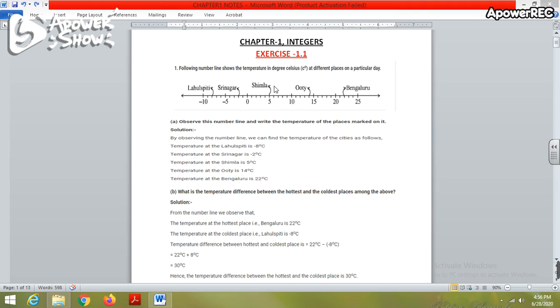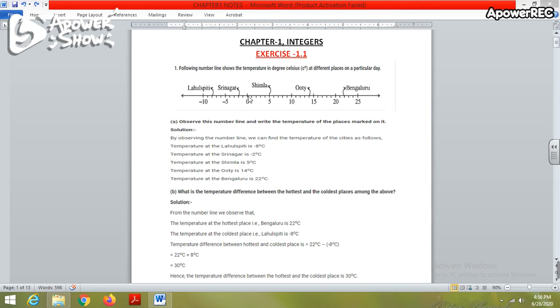After 5 we move to 10, then 11, 12, 13 and 14. So the temperature of Ooty is 14 degrees Celsius. Then 15, after 15 again 5 steps, so we reach 20, and then 21, 22. So the temperature of Bangalore is 22 degrees Celsius.